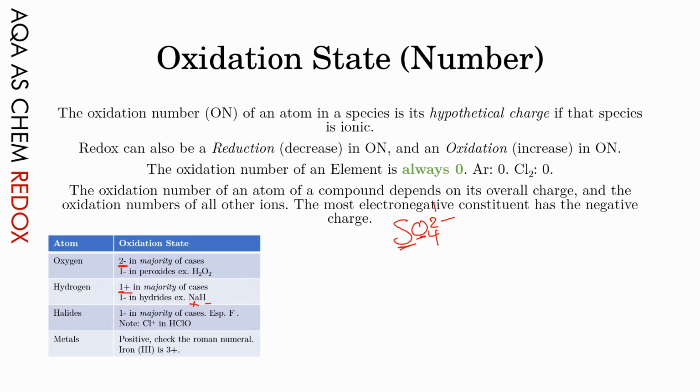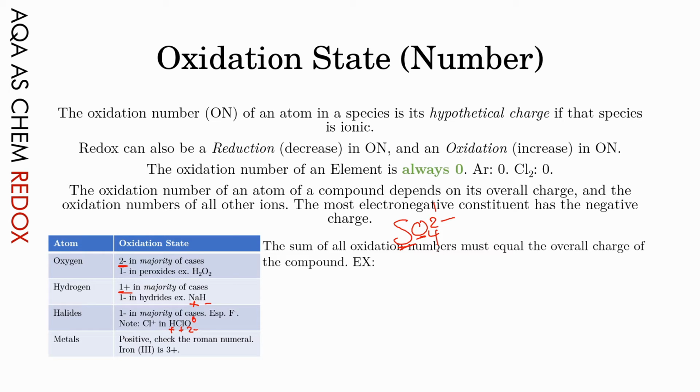Halides are generally 1-, though it kind of breaks the pattern as you go down to iodine especially, which just completely screws it. Bromide kind of does, and chlorine can become Cl plus in HClO, where H is plus, O is 2-, so Cl must be plus, because the molecule is 0. And in metals, you check the Roman numerals usually, or that's the one they'll ask you to work out.